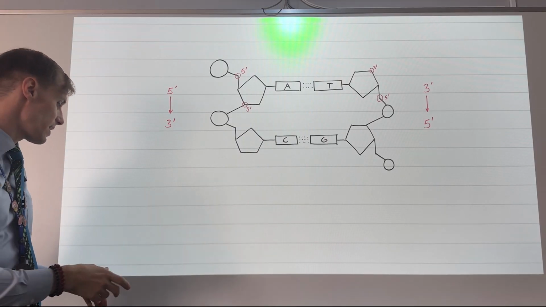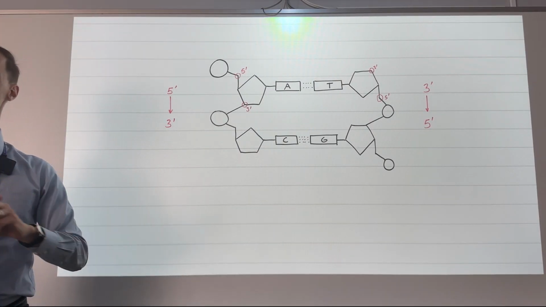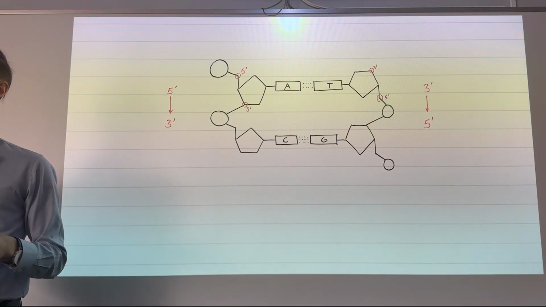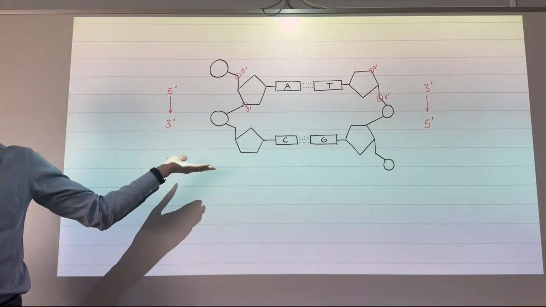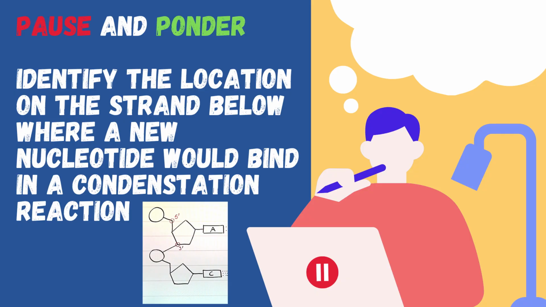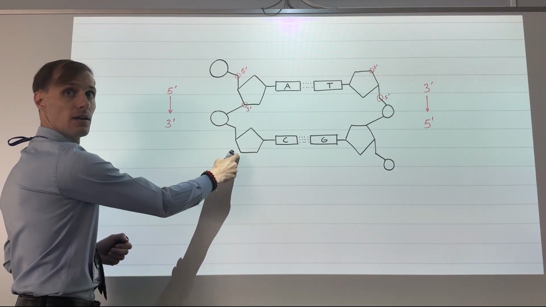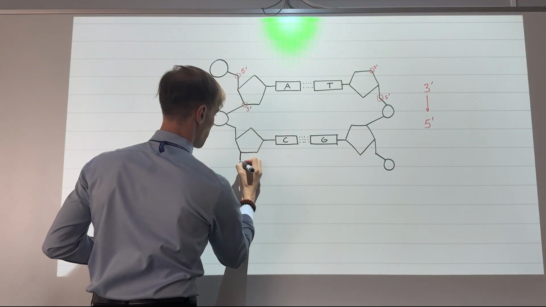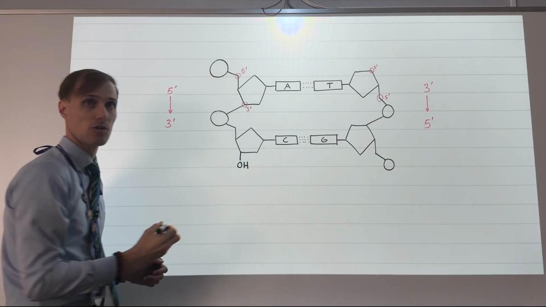So for instance, if I said, where would a nucleotide bind on the left-hand strand? It would have to bind here. Here's the 3' carbon. That's where a hydroxyl group is.